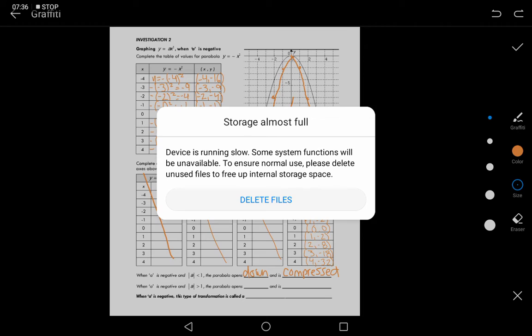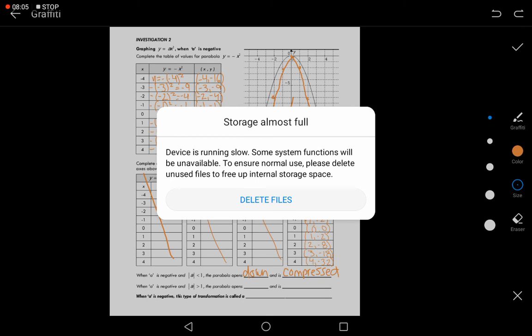Okay, so we have 2 different transformations when a is negative. The first is a reflection. Remember that our base graph, or our graph in that standard position, opens up, right? So when it gets flipped over, we call that a reflection, or flipped is fine.